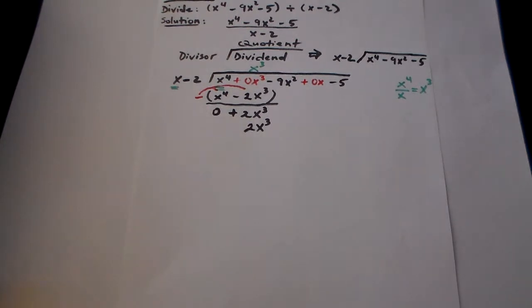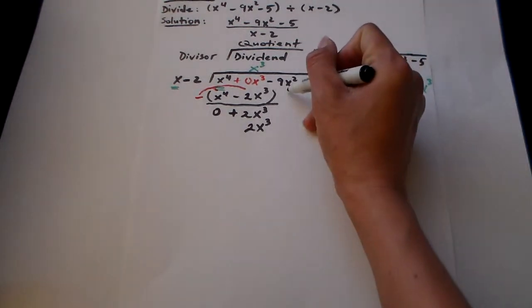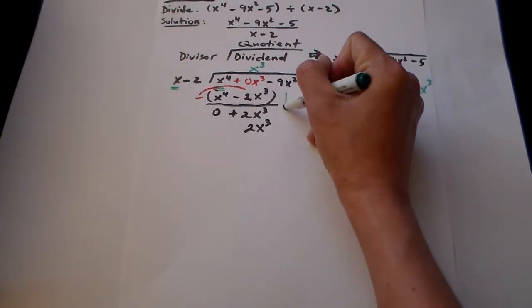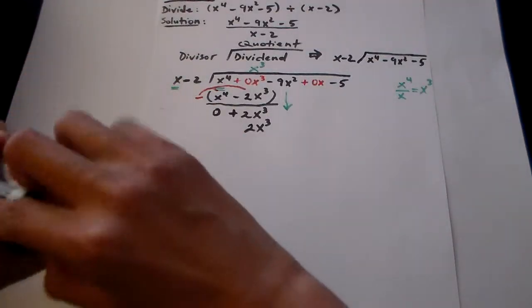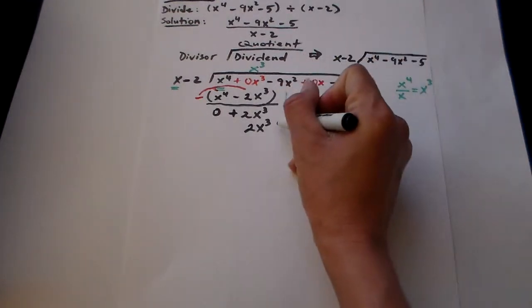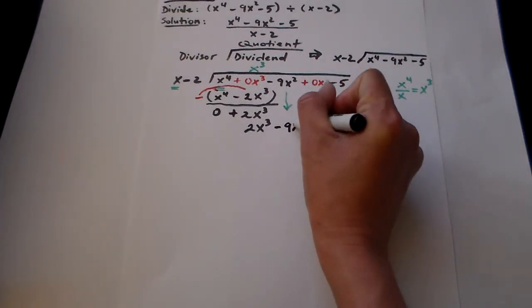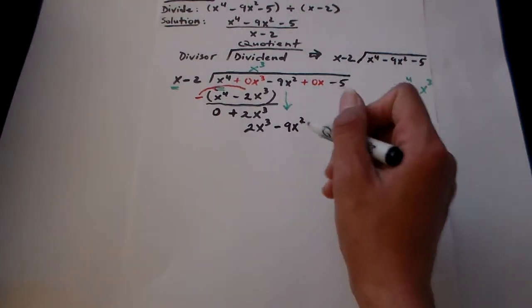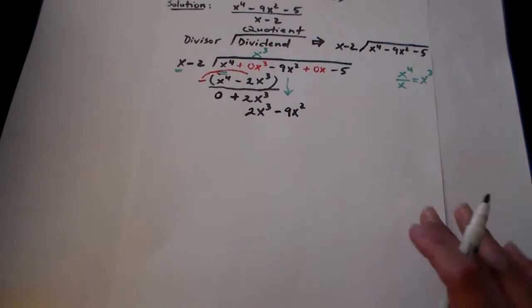So to continue, I will bring down the next term. Let me use this color here. I will bring down this term, okay? So I have now, let's see, this term is negative, so negative 9x squared. Now, to perform the division, you follow the same procedure.